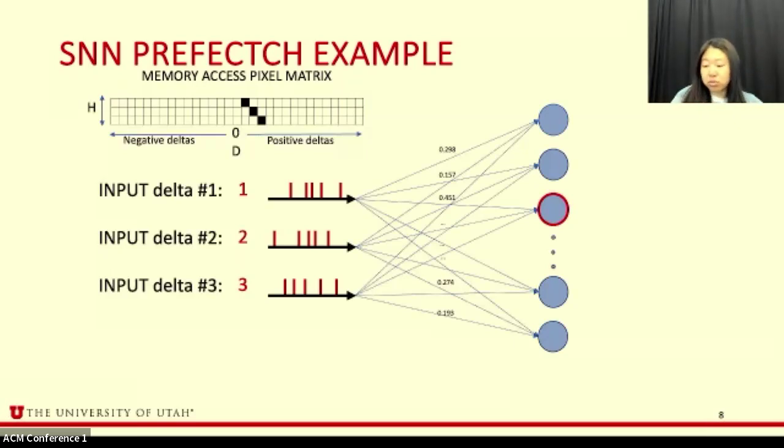We will strengthen the weight such that when this input pattern is seen again, this neuron is again a clear winner. Later, when it sees the next observed delta, which is 15 in this example, we will label this neuron. So it predicts a delta of 15 when it sees this pattern.